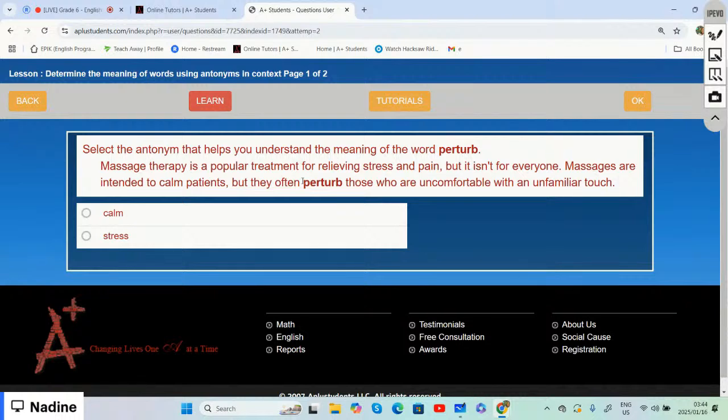All right, is it calm or stress? Calm or stress?